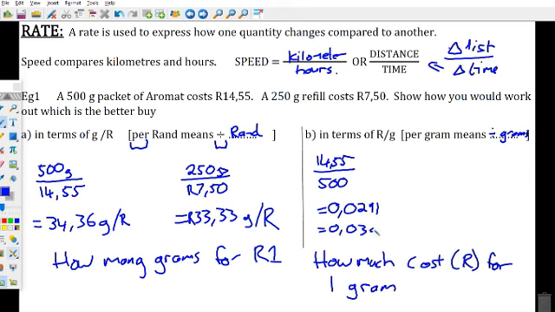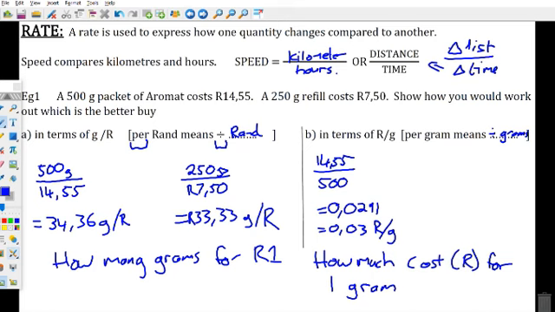That's rand per gram. So how much does 1 gram of Aramet cost? 0.03 rand. How much is that? It costs 3 cents, exactly. 3 cents for 1 gram of Aramet.